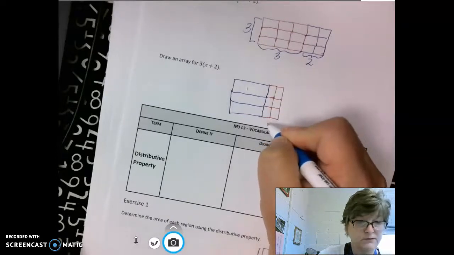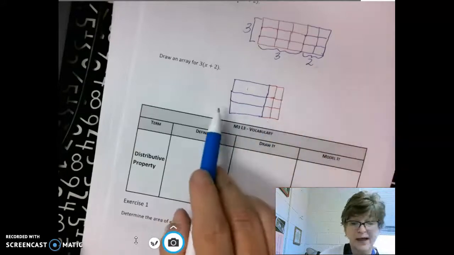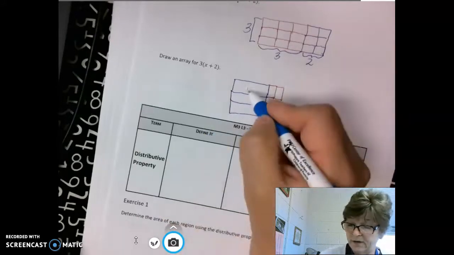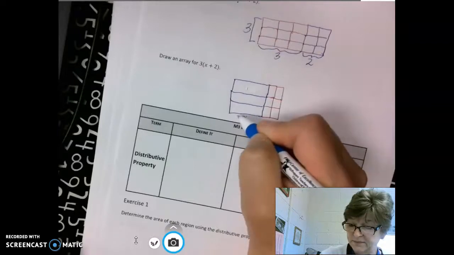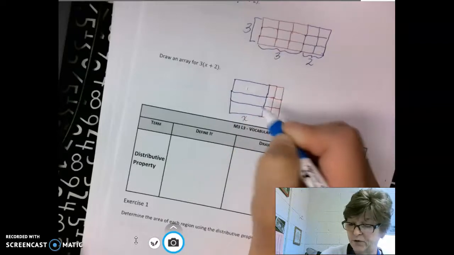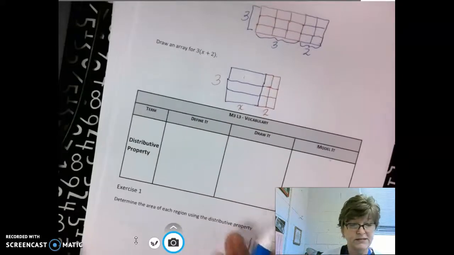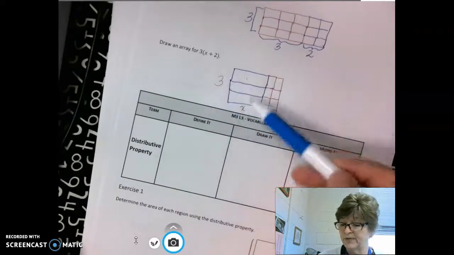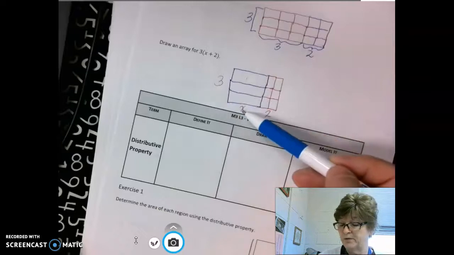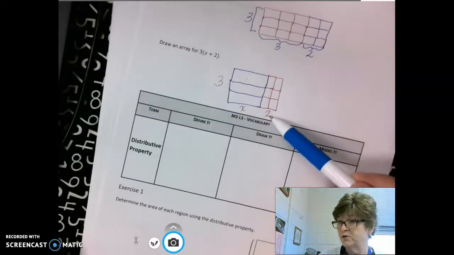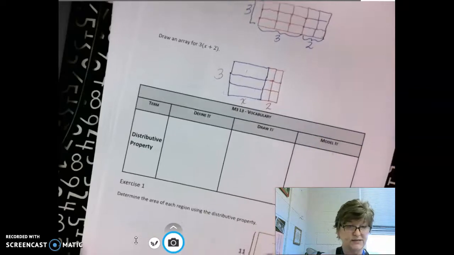Okay, so now I have x's, and I have 2, and there's 3. So I'm looking at the combination of 3 groups of x, which is 3x, and 3 groups of 2, which makes 6.